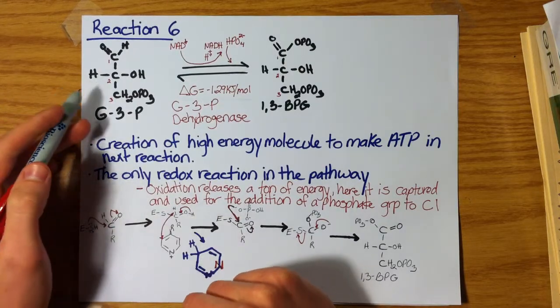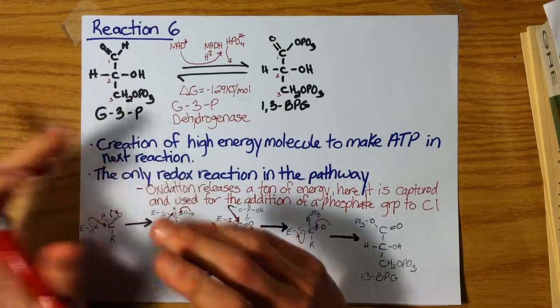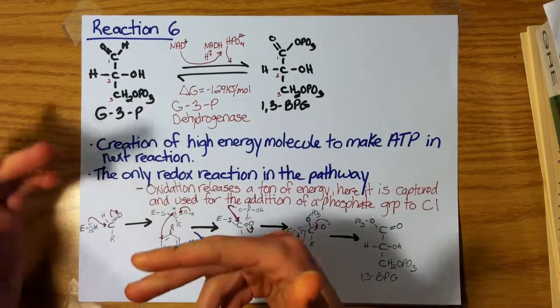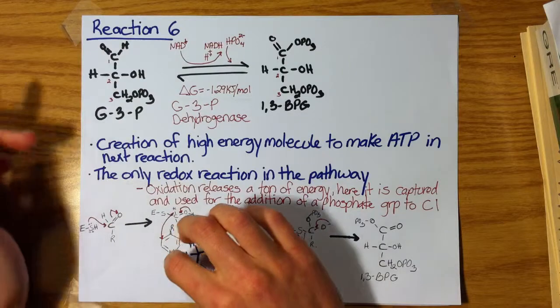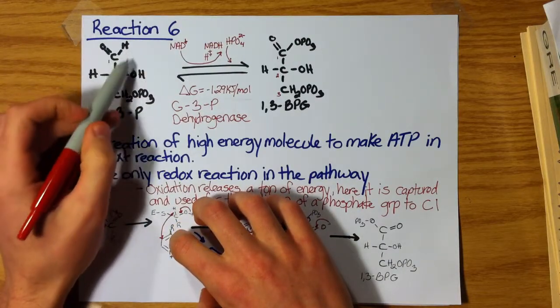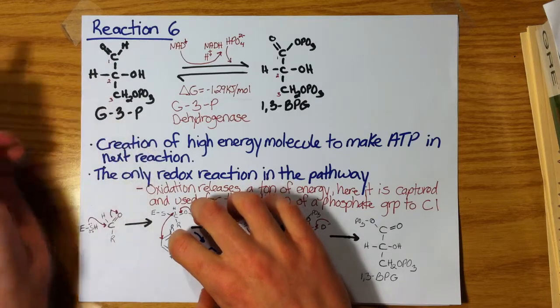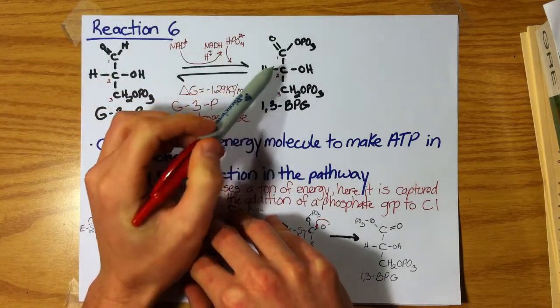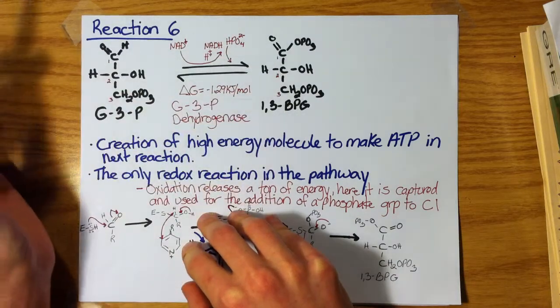So in this reaction, we have the first time we have seen, and will see, a redox reaction. That is the oxidation of this aldehyde group off of glyceraldehyde 3-phosphate into an acyl phosphate over here on the 1,3-bisphosphoglycerate.